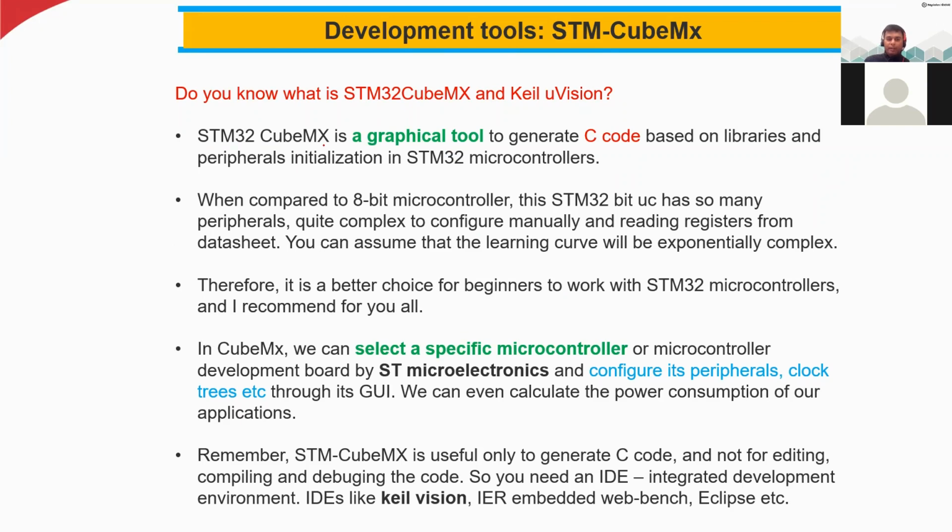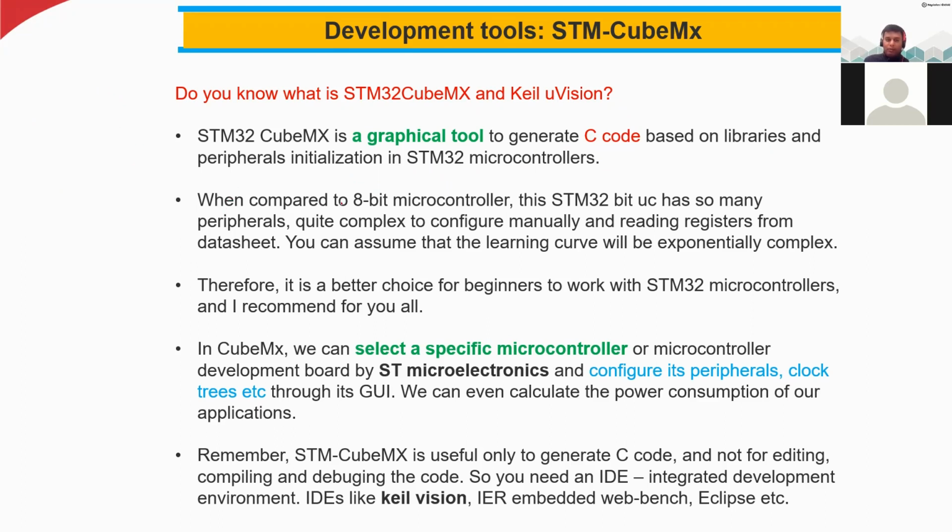STM32 CubeMX is a graphical tool to generate C code, which is based on standard libraries and peripheral initialization in STM32 microcontrollers. So it means you will see the graphical view of the microcontroller, so you can set up the pins and peripherals for each input output pin.